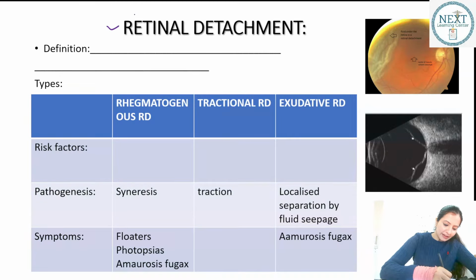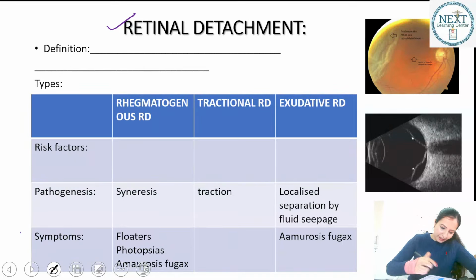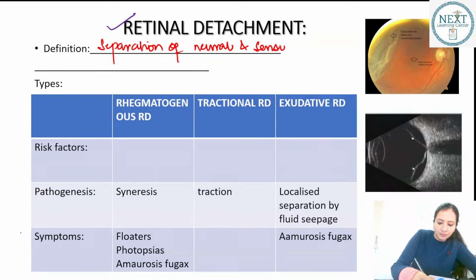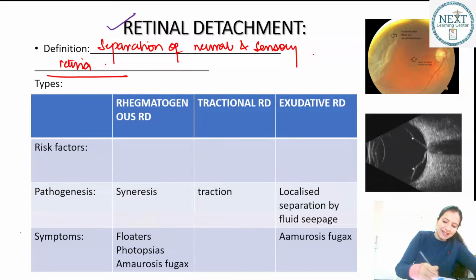Okay, so retinal detachment, we know retinal detachment, it is the separation of the neural and the sensory retina. So in CSR there was localized separation. This is generalized separation. Types can be rhegmatogenous, tractional, exudative.